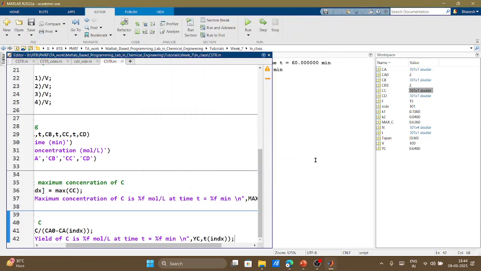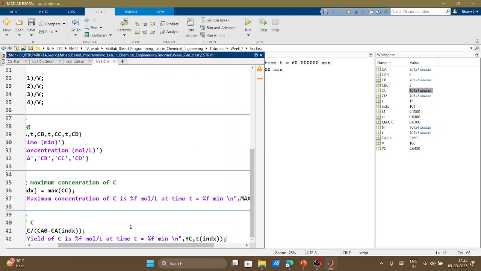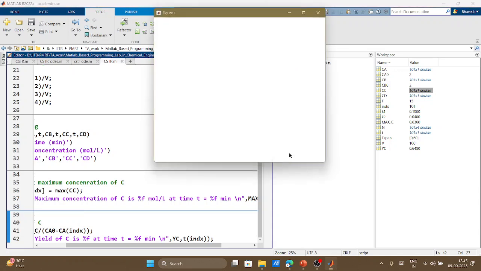So this is how you are getting a plot, and these are your results, that maximum C concentration is 0.6306 mole per liter, which is achieved at time t equal to 60 minutes, and at that time your yield of C is 0.648. This will actually be a fraction value.